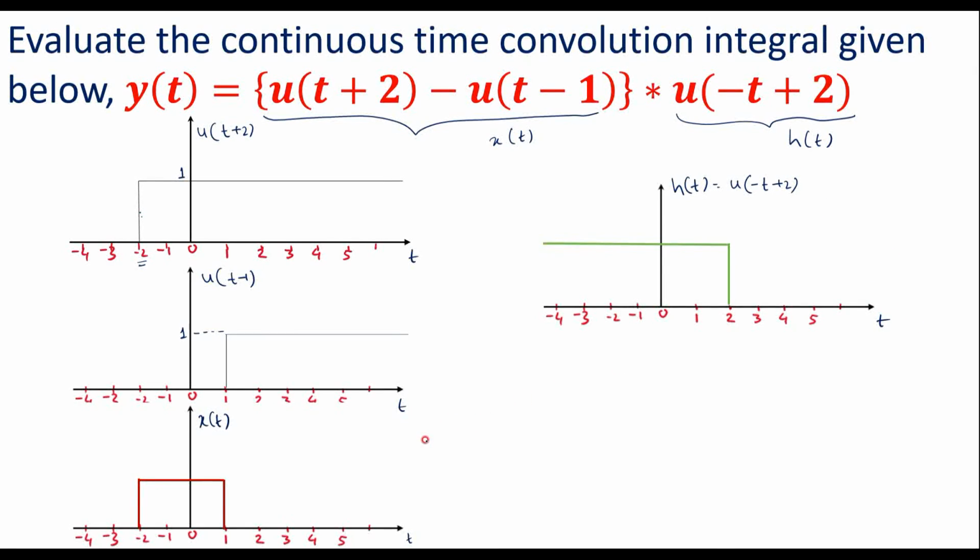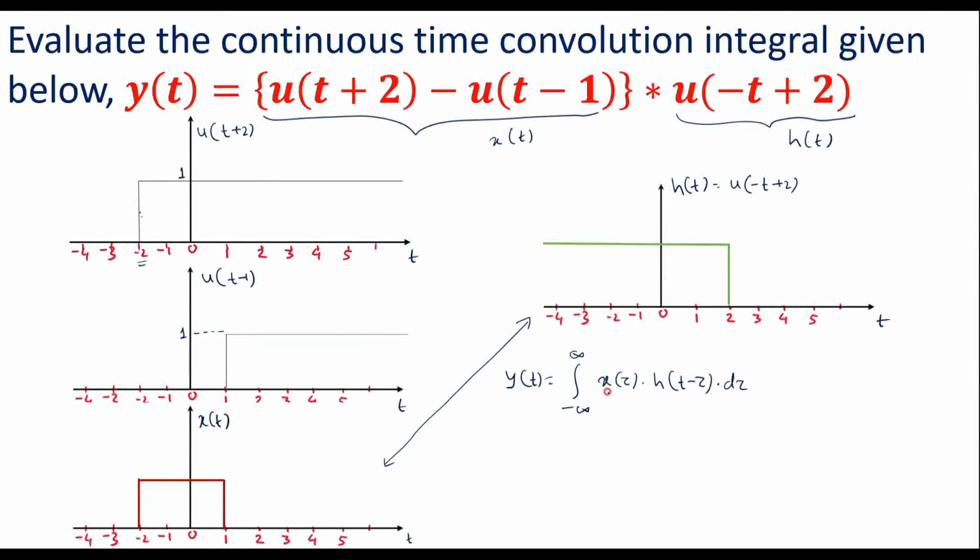Now we are supposed to perform the convolution integral between the x of t signal and the h of t signal, that is this signal and this signal. We know that the convolution integral is calculated using the formula y of t is equal to the integral from minus infinity to infinity of x of tau h of t minus tau d tau.